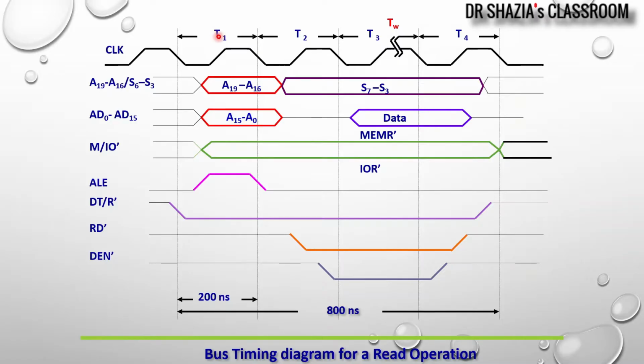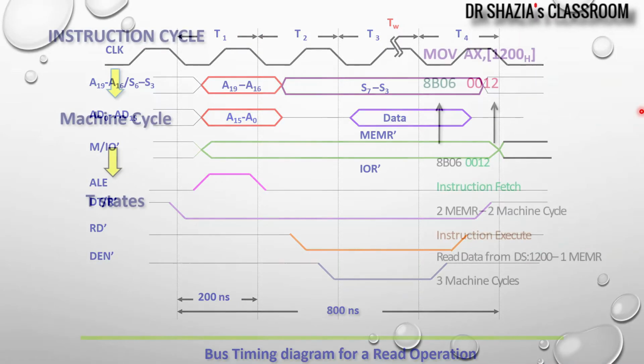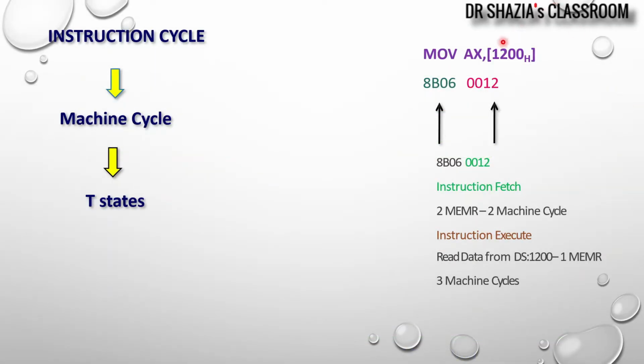So, if at all we have 4 T states, if I go back to my previous slide, this particular instruction MOV AX, [1200H] requires 3 machine cycles, and all these machine cycles are of type memory read.